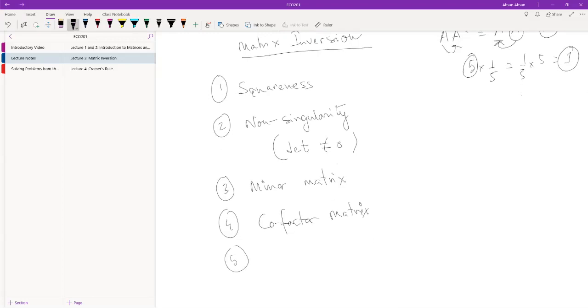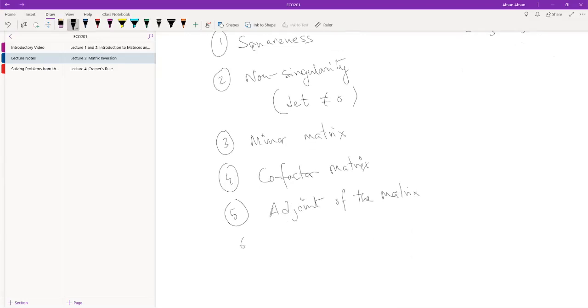Then number 5, we calculate the adjoint of the matrix. And finally, we invert the matrix.